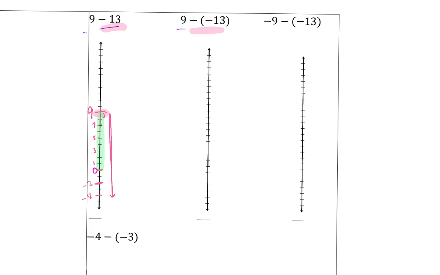Now, make sure you're still writing over here that we're subtracting 13. And then what we want to know is how we could rewrite that as an addition statement. So if we're adding something and we're going down, then we're adding negatives, right?